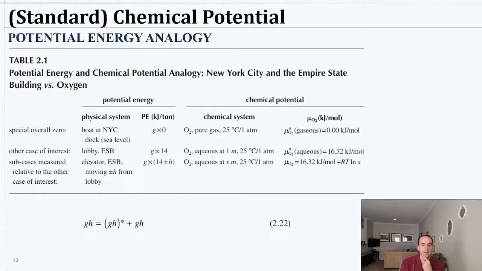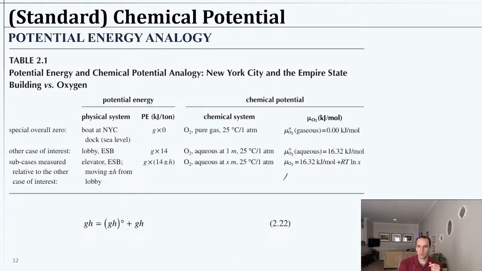And then maybe we take the elevator up further and we go up or down. We could say we're going to move somewhere else, and now we go up or down in h, the height, that changes our energy. And in the chemical system, we could change the concentration of oxygen. We go up or down, and here's how it looks.